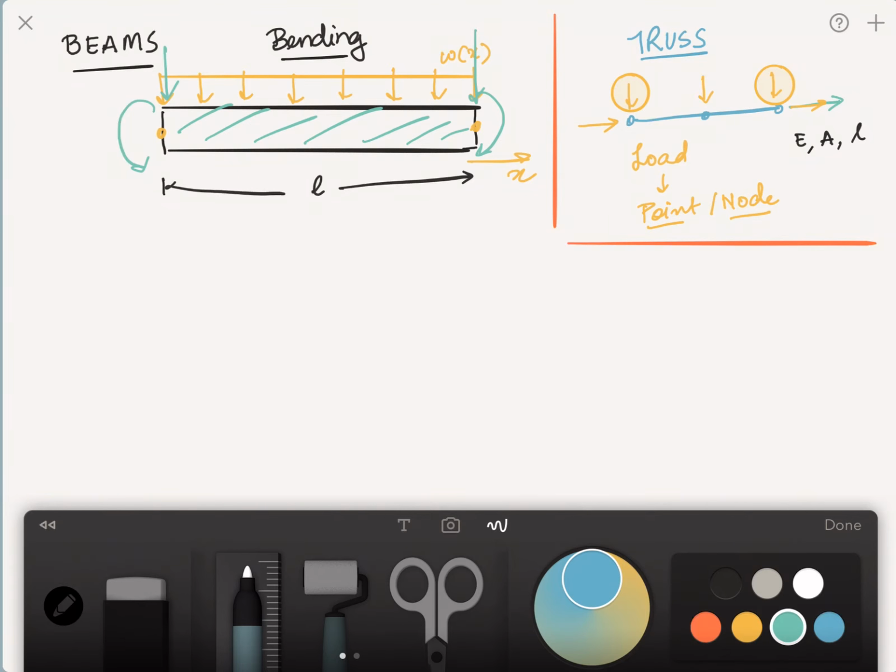Because of these moments, which are caused because of eccentricity of all these forces, my beam will now undergo a certain kind of deformation which is called bending. And this is the condition that trusses could not have exhibited. So therefore we are looking now at beams.